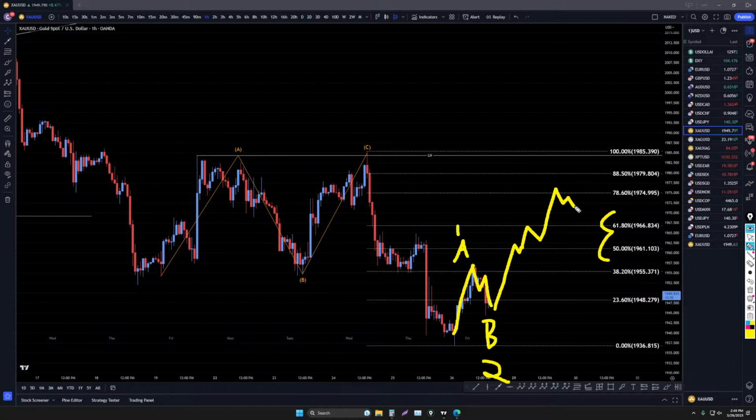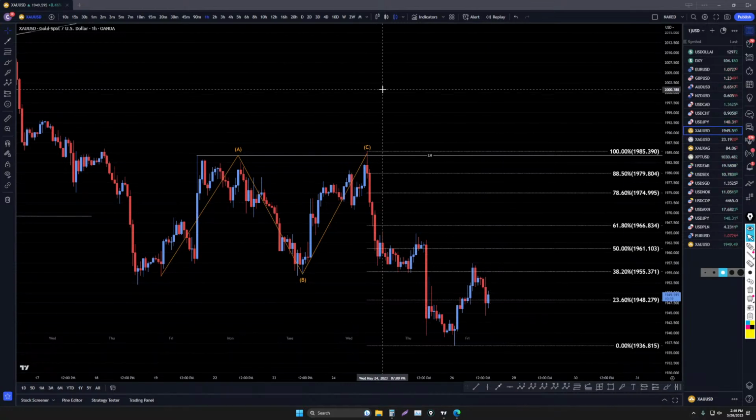A wave 3 will just keep on making higher highs, higher lows, and then if it goes up and breaks this structure, that would pretty much prove to me that this is the end of a wave 5 of C on the longer time frames, and at that point you definitely want to start looking for longs in an uptrend. The news is in about 10 minutes, so we'll be here watching the news together.